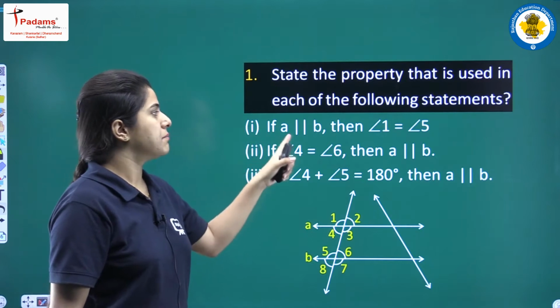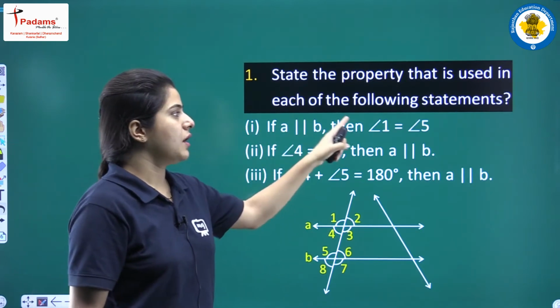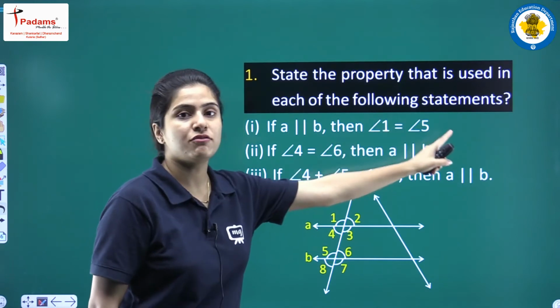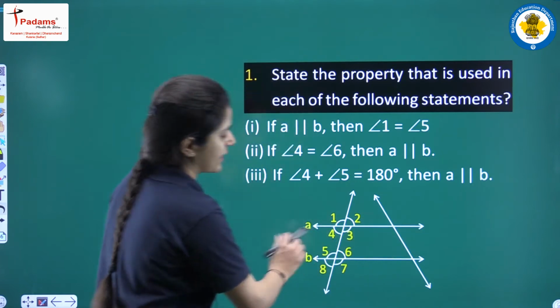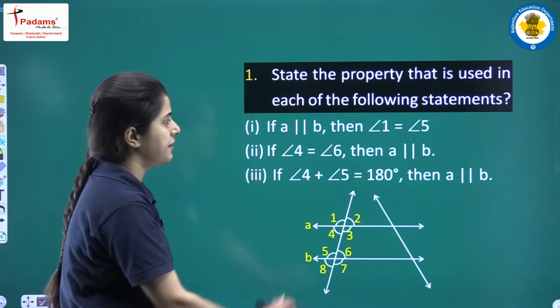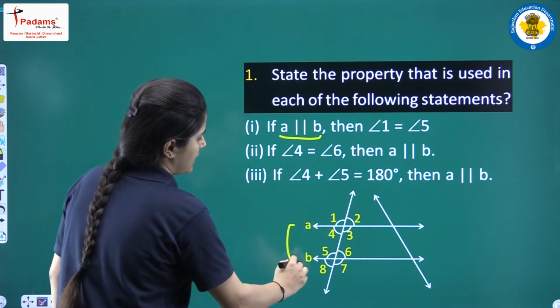If A is parallel to B, then angle 1 is equal to angle 5. What is being said here? This is the diagram. In this figure we are given that A and B are parallel.